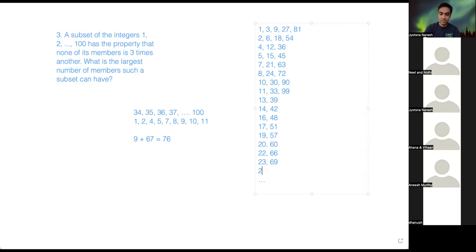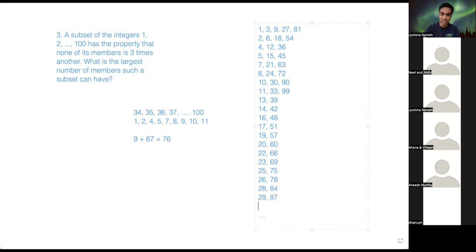Good. 25, 75. 26 is there, no, 26, 78. Good. 27. Wait, there is already a 27, my bad. 28, 84. Good. Next. 29.